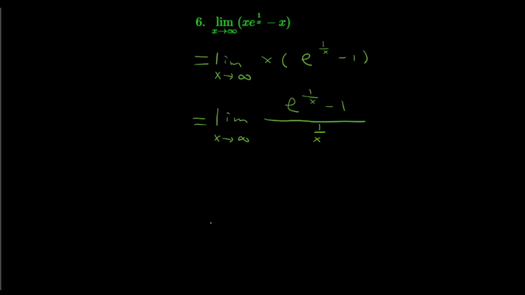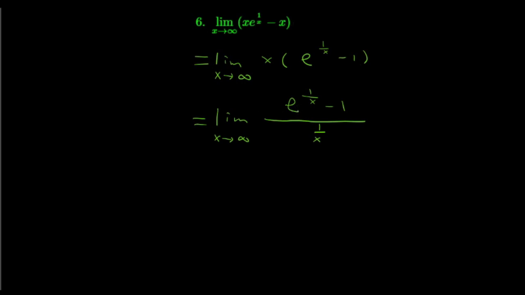Later I'll tell you what we mean by indeterminate. For an indeterminate quotient, the answer can be a finite number, can be infinity, can also not exist, can also be 0. That's why we call it indeterminate.